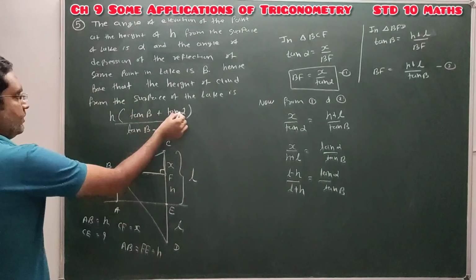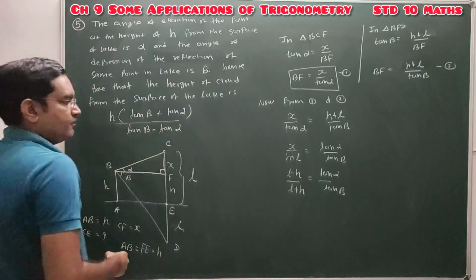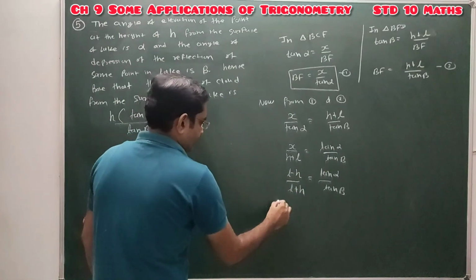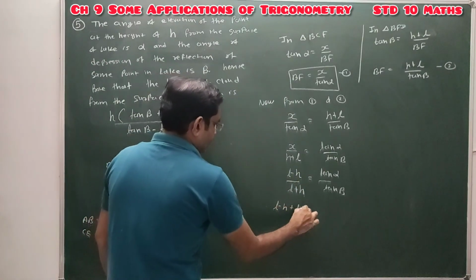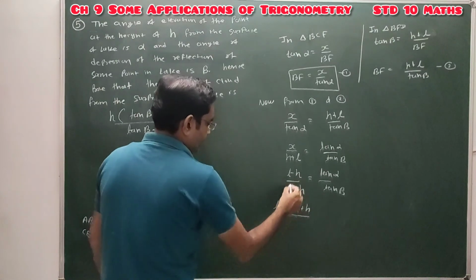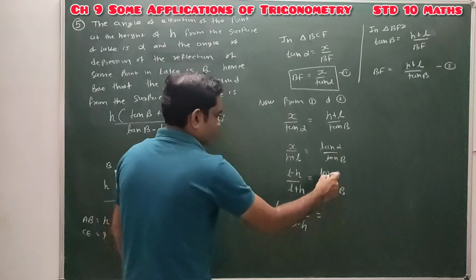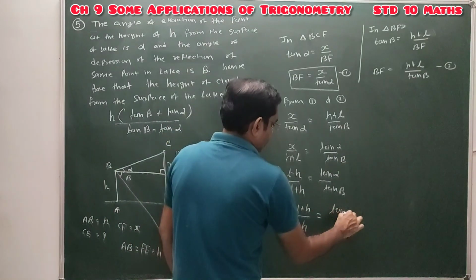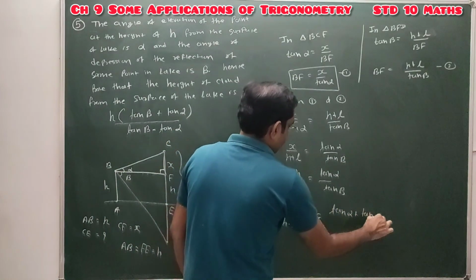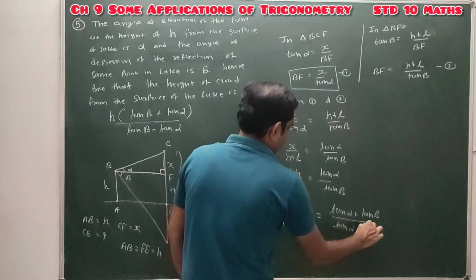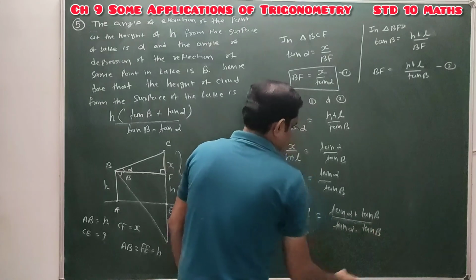We require tan alpha plus tan beta upon tan beta minus tan alpha, so first taking addition on the numerator: L minus h plus L plus h upon subtraction L minus h minus L minus h equal to the numerator addition tan alpha plus tan beta upon tan alpha minus tan beta.